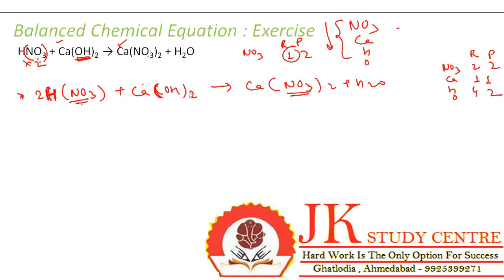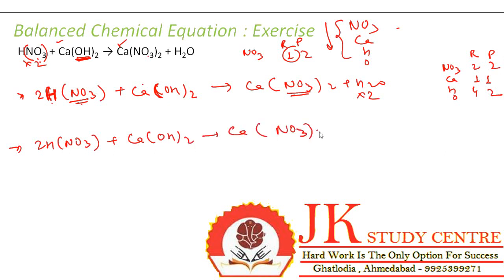So when we talk about hydrogen, we'll take hydrogen from this also. So hydrogen is 2 plus 2, 4 here, and we have only 2 hydrogen here, not balanced. So we multiply this guy with 2. So what you get is 2 HNO3 plus Ca(OH)2 gives Ca(NO3)2 plus 2 H2.